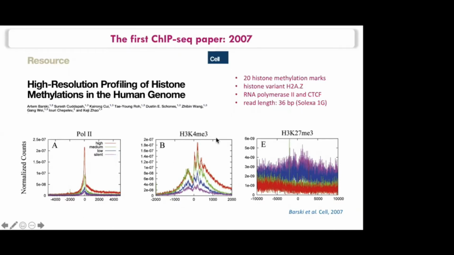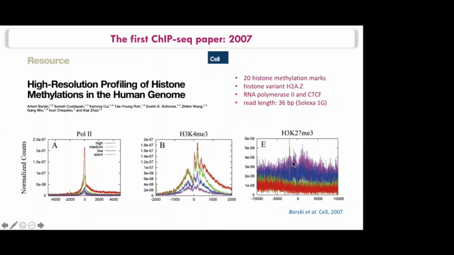H3K4 trimethylation histone mark positively correlates with gene occupancy and gene expression. It looks similar to Pol2, except that you see a dip at the transcription start site because it's a nucleosome-free region. There's nothing in there, but there's a really nice nucleosomal banding pattern around the transcription start site. H3K27 trimethylation, on the other hand, is a repressive mark, so it negatively correlates with gene expression.